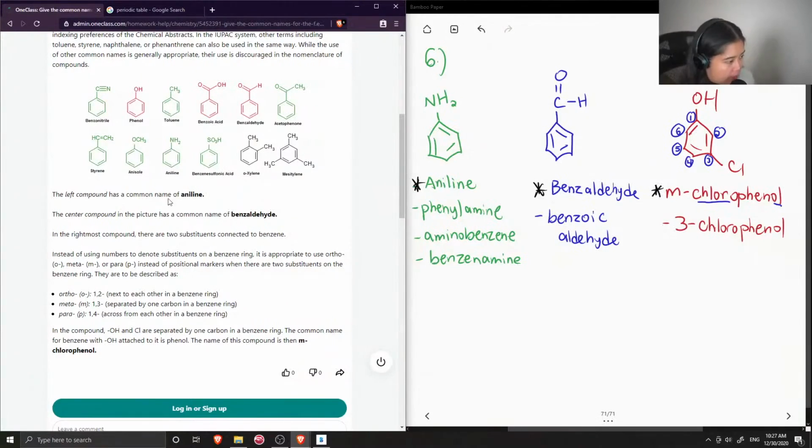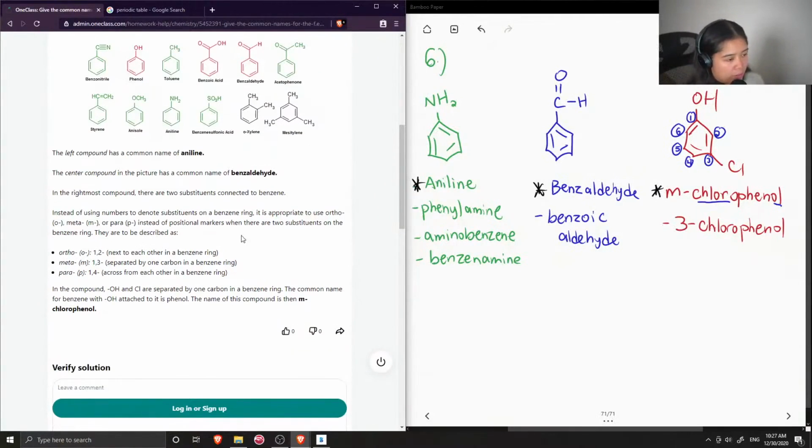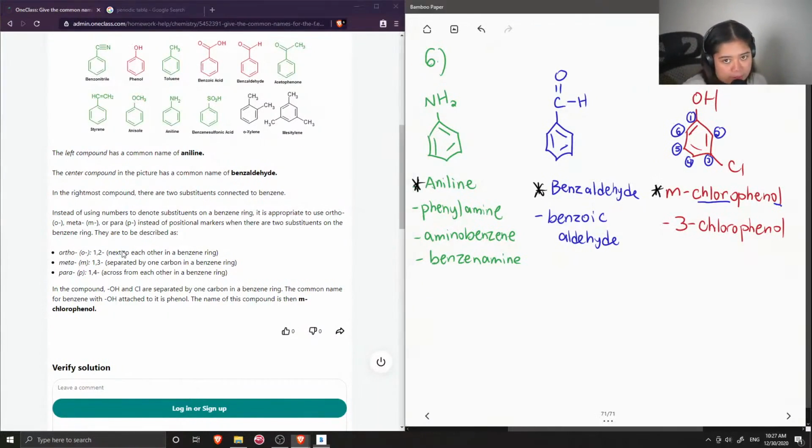Instead of using numbers to denote substituents on a benzene ring, it is appropriate to use ortho, meta, or para instead of positional markers when there are two substituents on the benzene ring. They can be described as ortho, which are next to each other in the benzene ring. Let me show what that would look like down here.